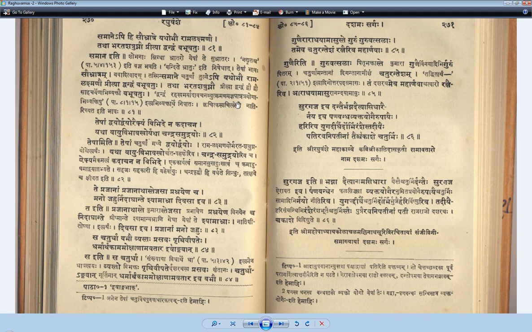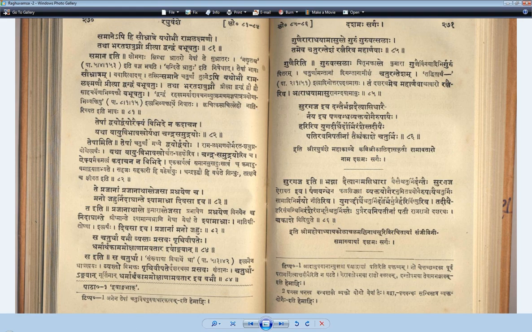So kasyachit sneha natirichyate means nobody's love among the four brothers exceeds anybody else's. Nobody's love is exceeded ever. That's what he means: they were equally loving to each other. That's his gist of the whole sloka.